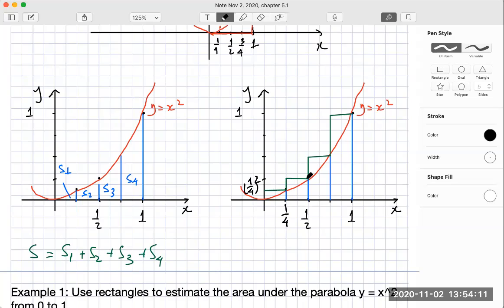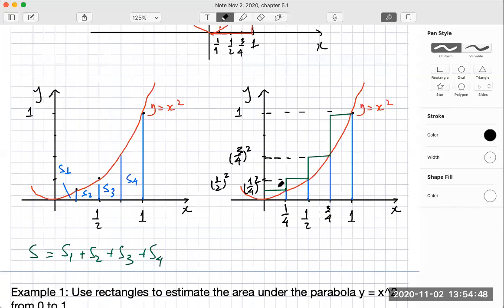What is the height of the second rectangle here? Yes, 1 over 2 squared is the second one here. Okay. And this one, it is this guy squared, right? 9 over 16, perfect. Or 3 over 4 squared. And the height of this guy is 1, right? Very good.